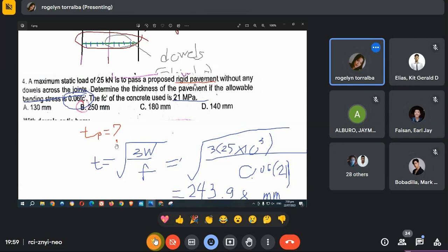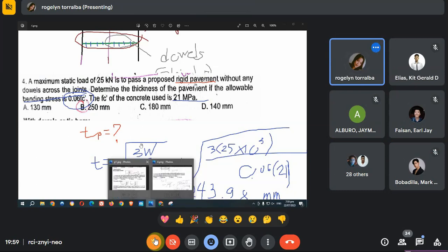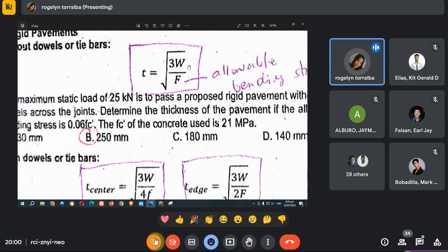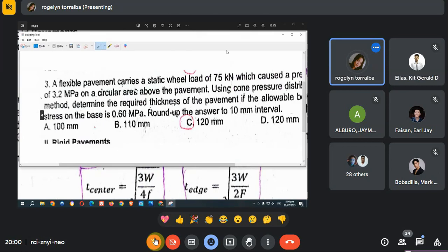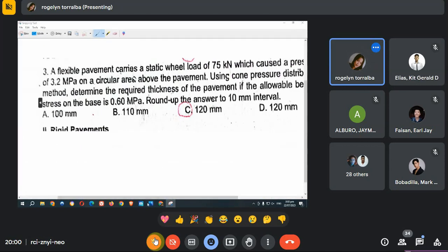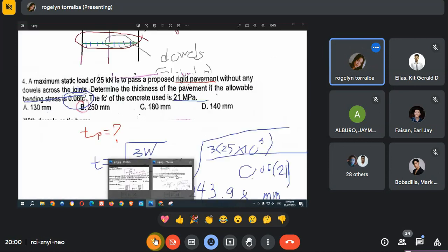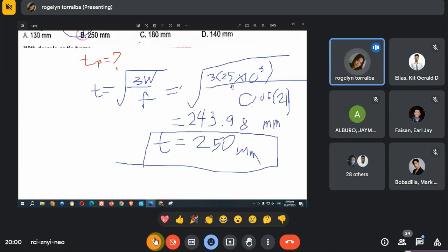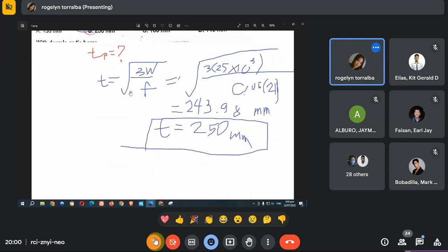So let's proceed. We apply our equation: T is equal to the square root of 3W over F. Actually, this is direct. Following that equation, T is equal to the square root of 3W over F, so 3 times 25 times 10 to the power of 3 over 0.06 times 21.